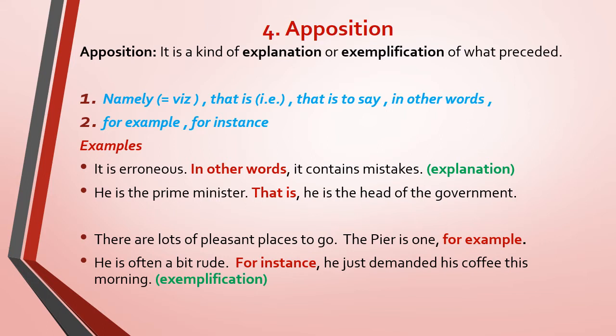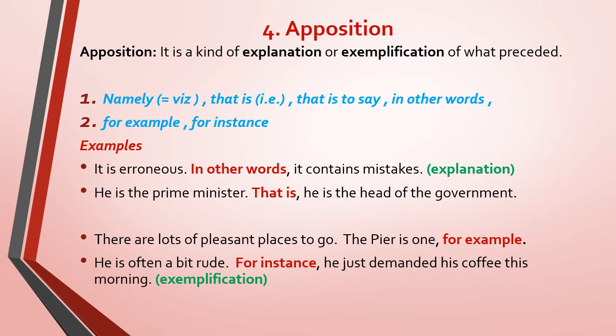Well, we take them one by one. It's erroneous. In other words, it contains mistakes. So the writer says it's erroneous, then he explains the first statement. He explains further by saying, in other words, it contains mistakes.